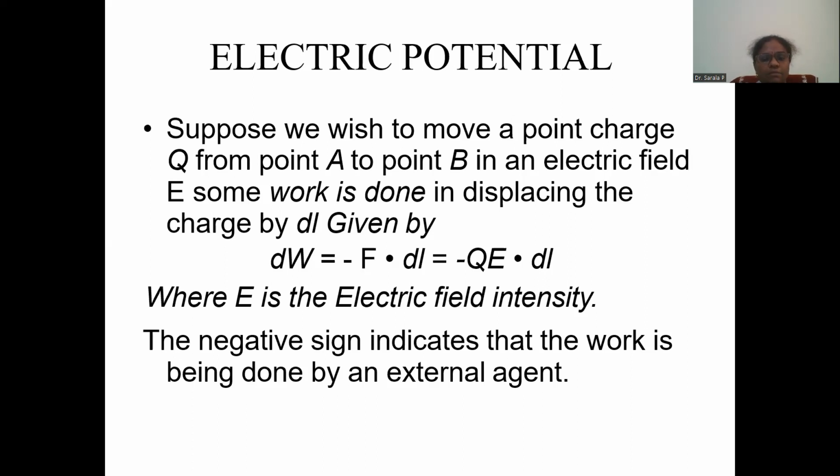Here F is the force and dL is the distance traveled by the point charge. The force is the charge times the electric field intensity E, and the negative sign means the work is done against the force, by some external agent.